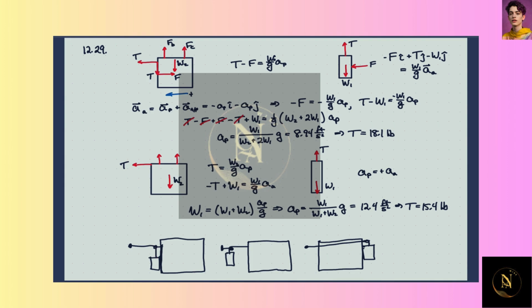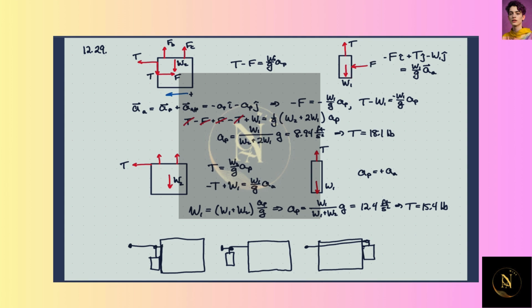So in the horizontal direction, which is really all we care about in this problem, with this direction positive, T minus F equals the mass times the acceleration of the panel. And now we have to look at the block here. The block has this tension T in it, which is the equal and opposite of this one, and then the equal and opposite force from the contact, and then its weight.